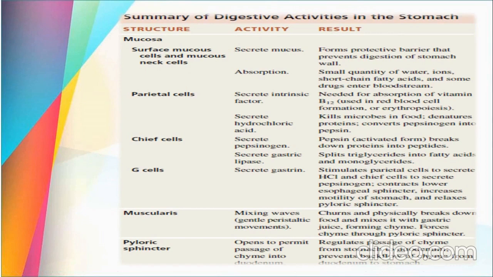Next one is the Chief cells. They secrete pepsinogen and gastric lipase. Next one is G cell. They secrete gastrin. The gastric muscularis produces mixing waves, gentle peristaltic movement, and the pyloric sphincter opens to permit passage of the chyme into the duodenum.